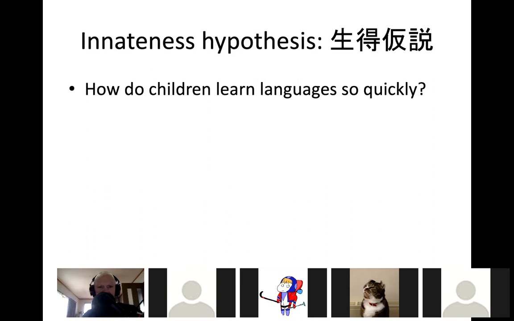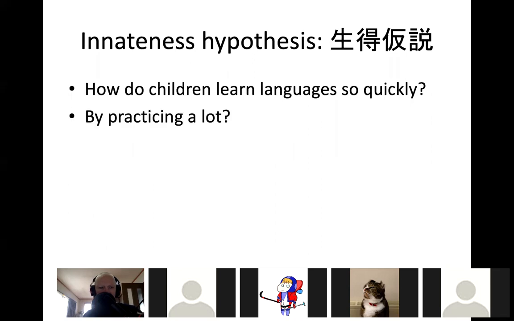And we think, well, how do they do that? And if you live in a foreign country for a few years and you're struggling to learn the language, or you study English for many years, and then you see a child from an English-speaking country who just picks up English without any effort, you think, well, how do they do that? It is kind of a mystery.